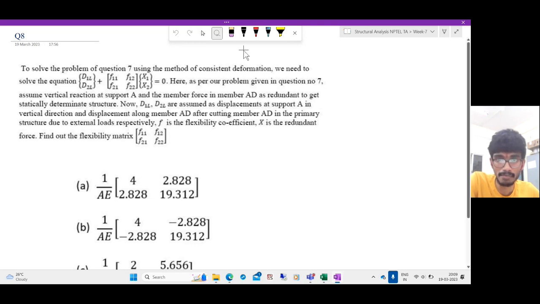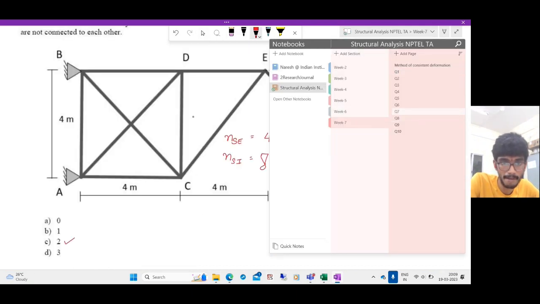So let us draw the primary structure. Go to the previous page.